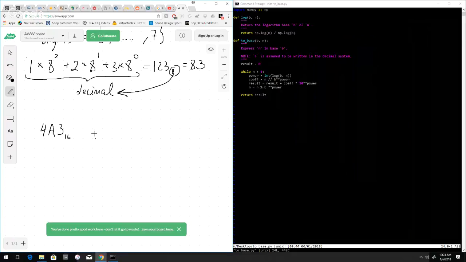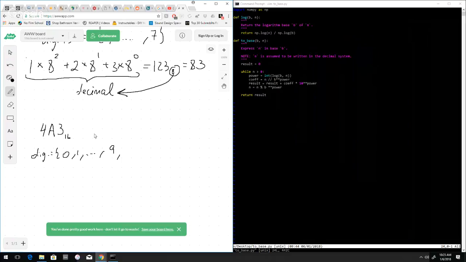Well, in the hexadecimal system, because the base is 16, my digits range from 0 to 9. These are the regular decimal digits we know, but there are more of them. Now, I can't just write 10 because that's not really a digit, that's 2 digits next to each other. I'd like it to be one sort of entity.